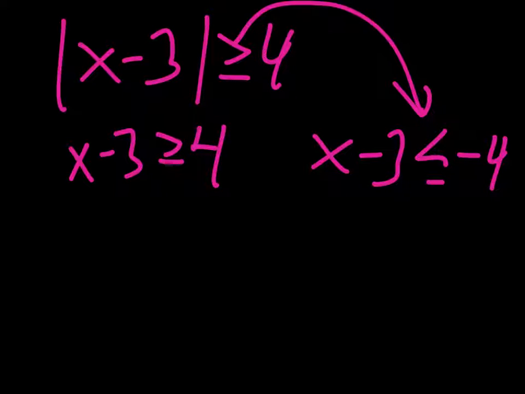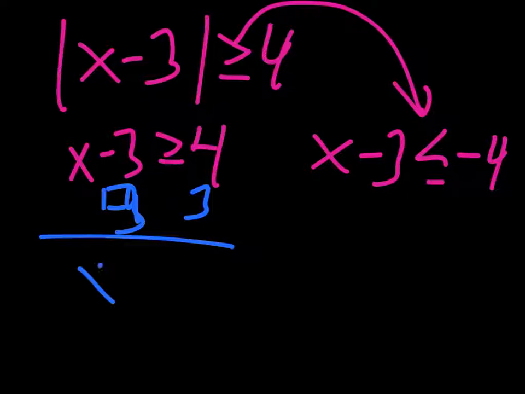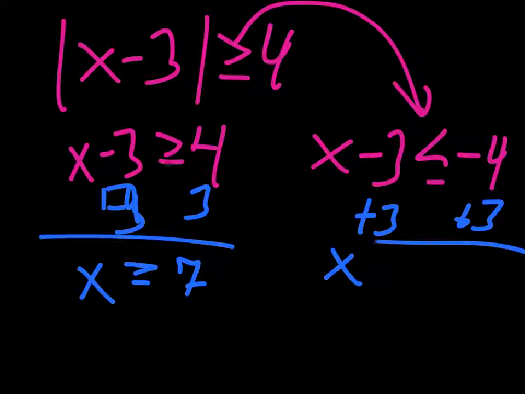So add 4 to both sides like normal. I'm sorry, add 3 to both sides. And then we get x is greater than or equal to 7, as well as add 3 to both sides, we get x is less than or equal to negative 1.